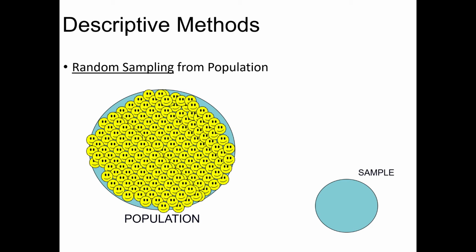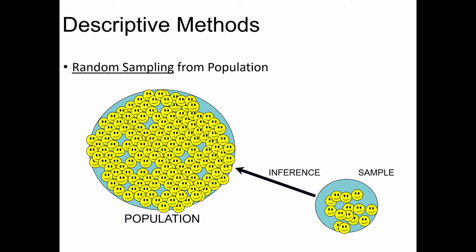So although random sampling is ideal, the majority of psychology studies do not use random sampling and instead may use convenience sampling, such as asking students enrolled in psychology courses to participate in research. But if we were to do random sampling, again, we would just randomly pick participants from the population and include them in our sample.